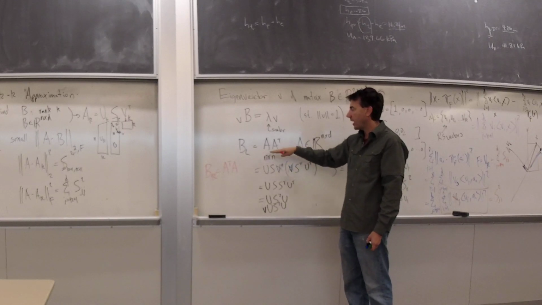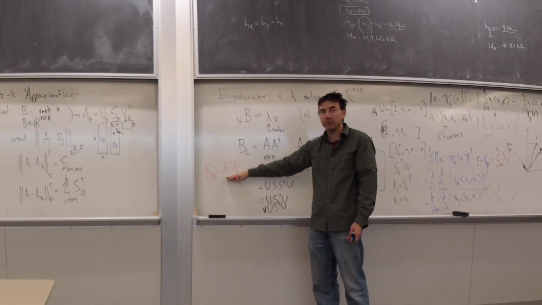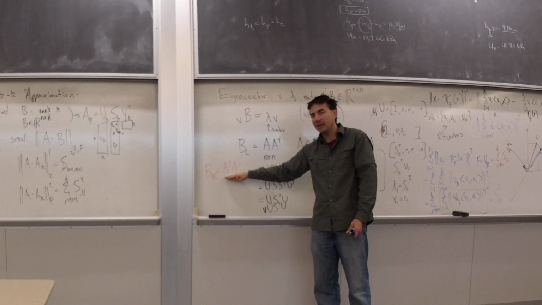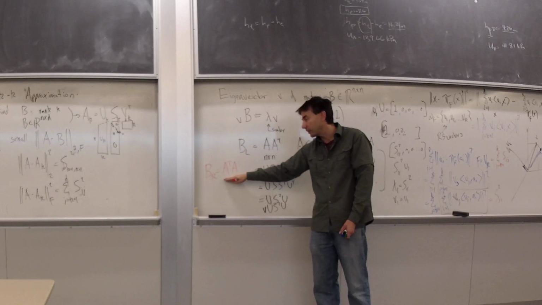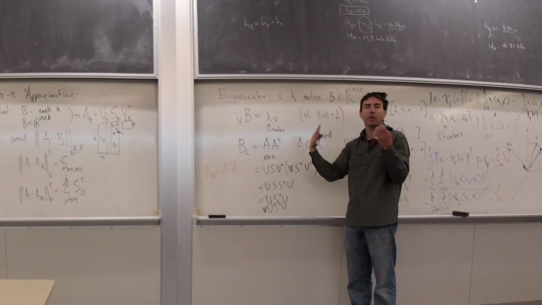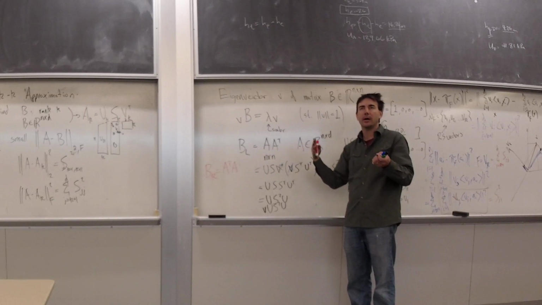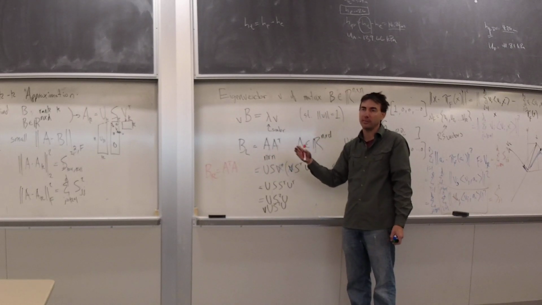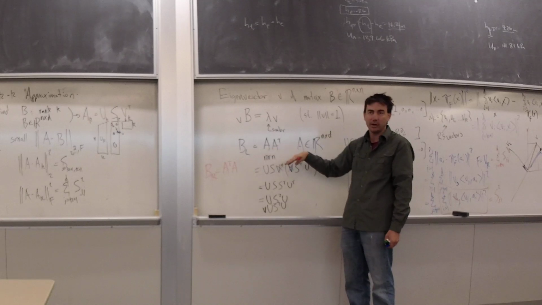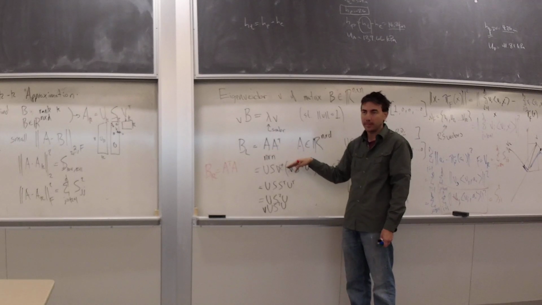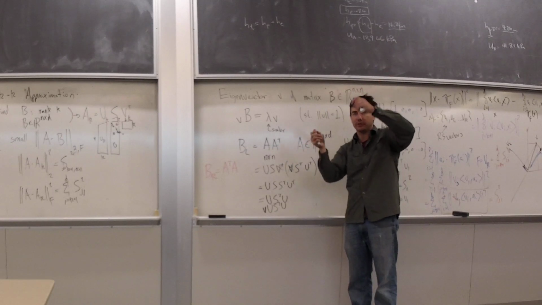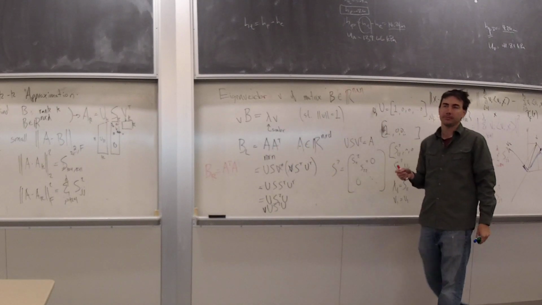And in this case, if A is full rank, and D is less than N, then they will all be positive for this one. If they're all positive or 0, then it's a positive semi-definite matrix. They could be 0, and that's the case here if D is less than N, because then the last ones are all going to be 0. I'm only going to have D ones which are non-zero. The rest will be 0.